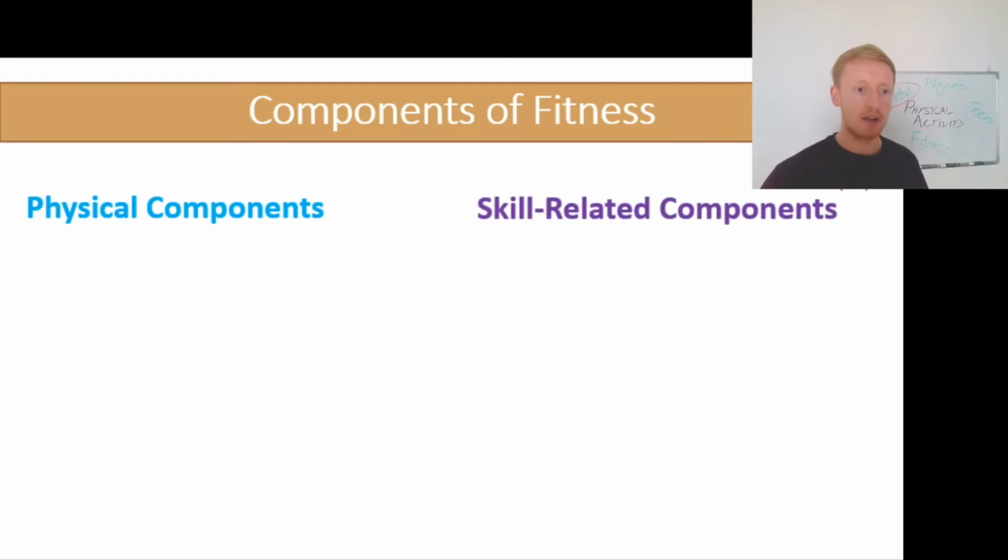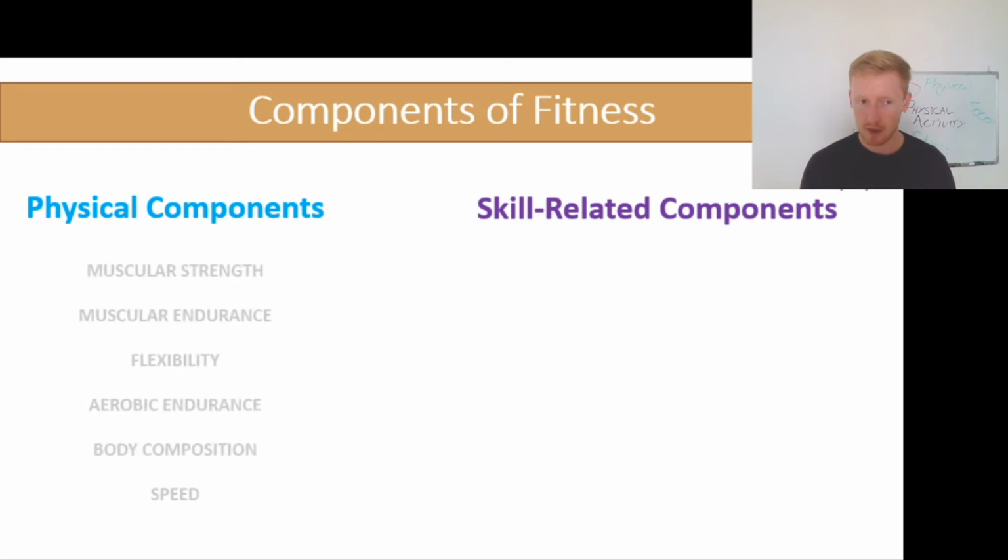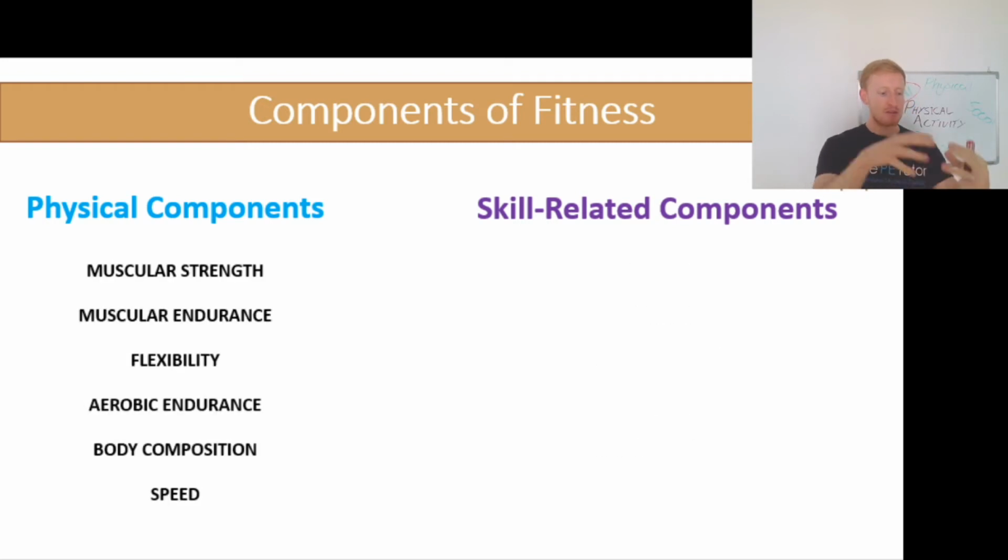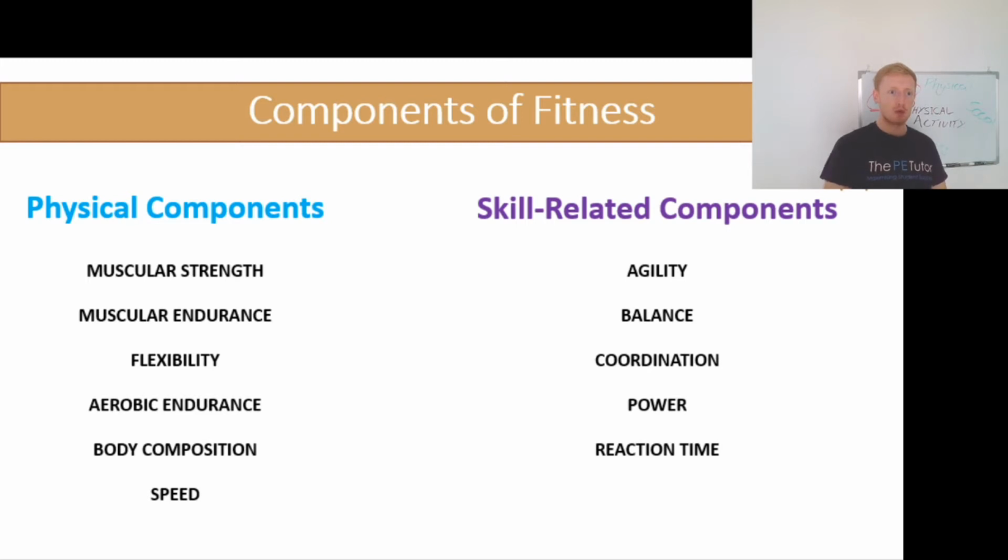So just to remind us, we do have these two different categories. We've got physical components of fitness. That's more to do with our body's raw abilities, our raw characteristics. So things like muscle strength, muscle speed, and muscle elasticity or flexibility come into that. Whereas our skill-related components combine these raw physical components where we might actually have to engage our brain. So it's psychological and physiological combining.